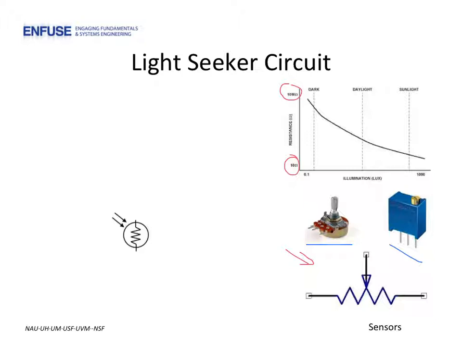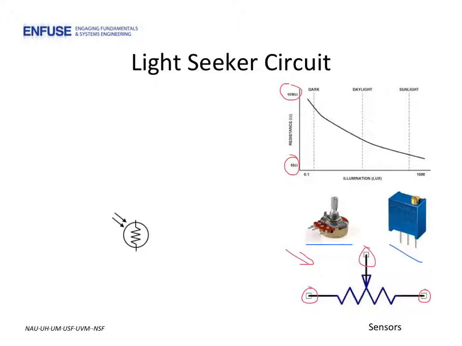The resistance between the outer terminals is fixed, and the resistance between the center, called the wiper, and the outer terminals changes depending on the potentiometer setting. So you can use the large and coarse potentiometer to set the approximate threshold for your system, and the trim pot to do the fine-tuning. If you're going to make multiple devices, you would just find the fixed resistor that was close to the sum of the two potentiometers, and then use that in your circuit.